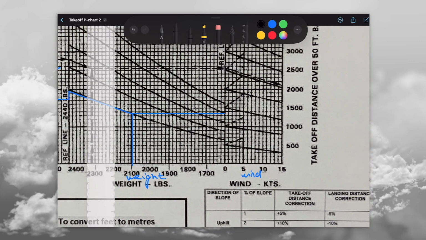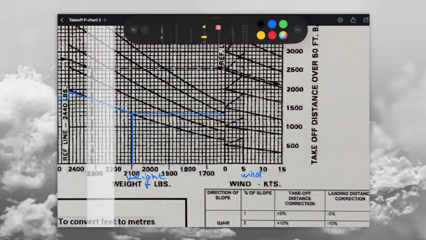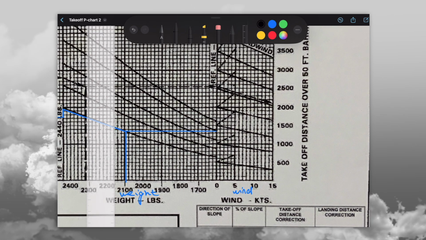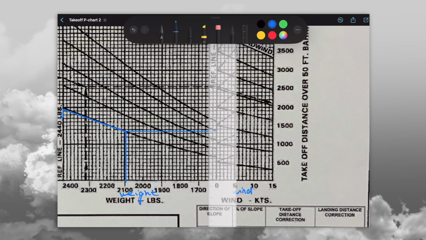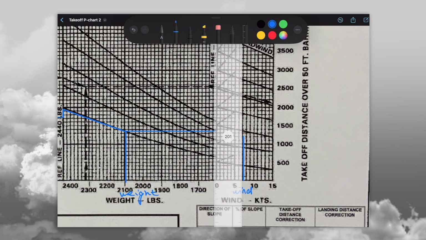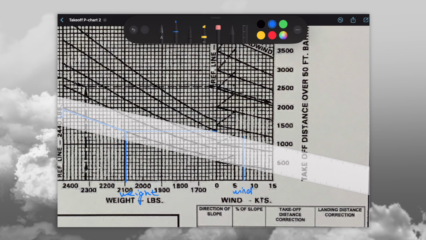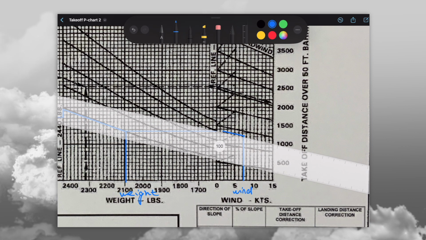So now that we know that it is 7 knots, what we can do is come back to our blue pen. We've got 5, 6, 7 here, and draw our line up. We want to sort of interpolate between these lines.